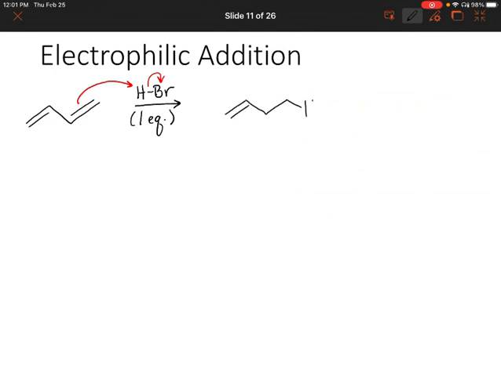So we'll draw the hydrogen adding to that side of the double bond, and we're left with a positive charge on the other carbon, the more substituted carbon. Now we also have a bromide ion that's hanging out there.